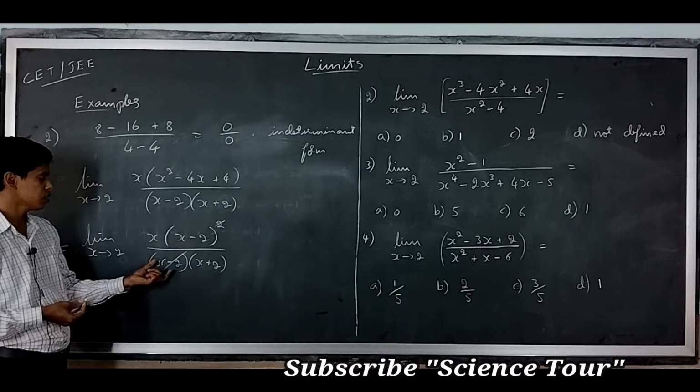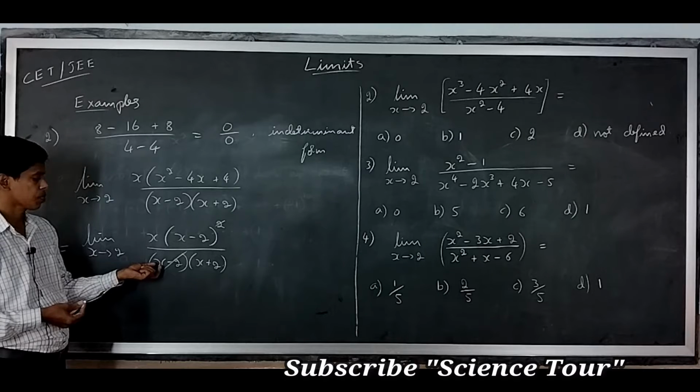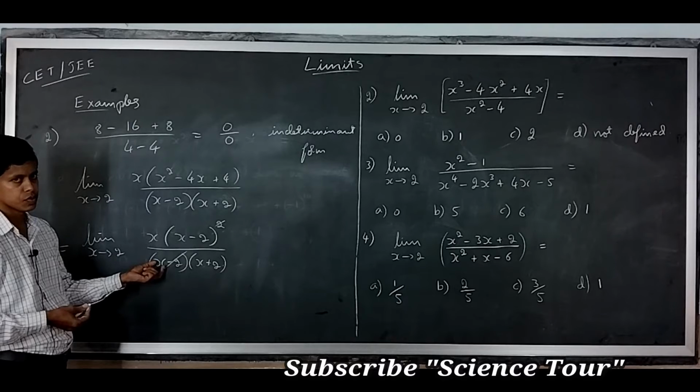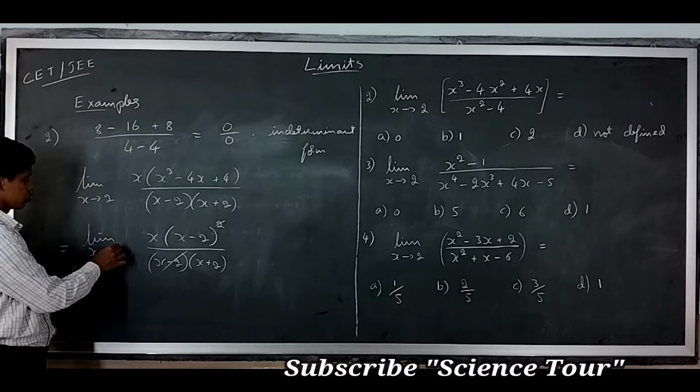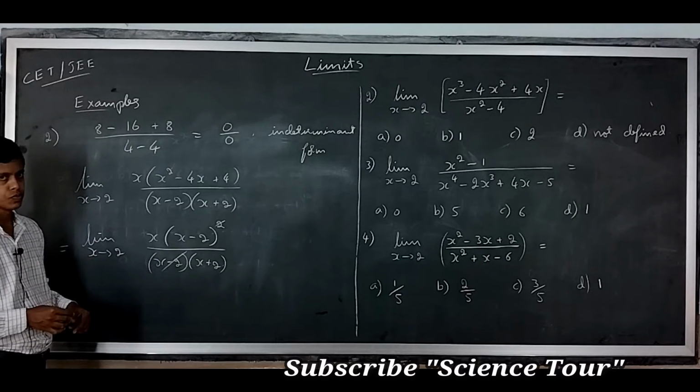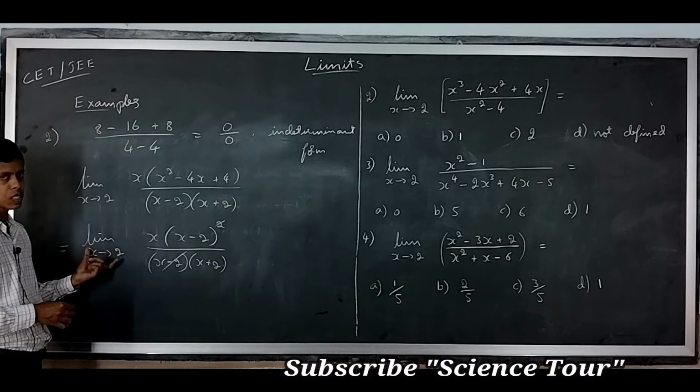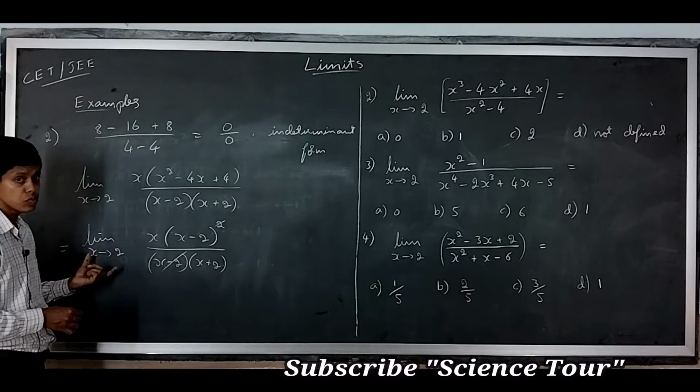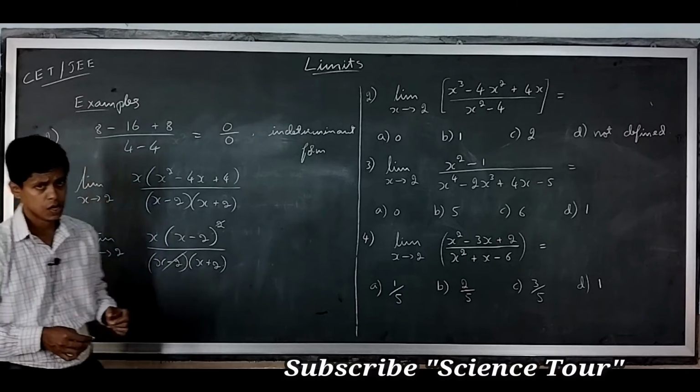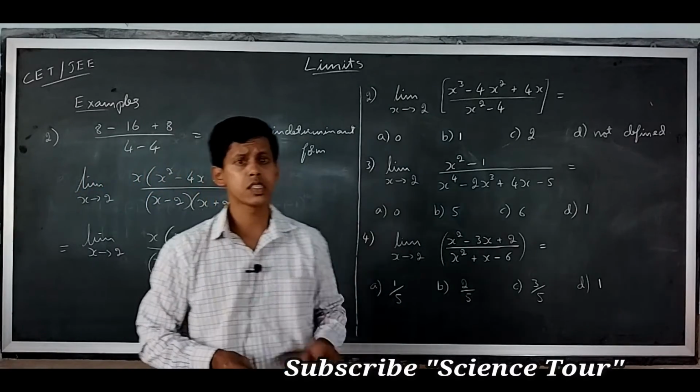You are allowed to cancel because x is not 2. It is tending towards 2. x is not equal to 2. We are finding the limit here, we are finding the assumed value of the function. We are not finding the exact value at x equal to 2.